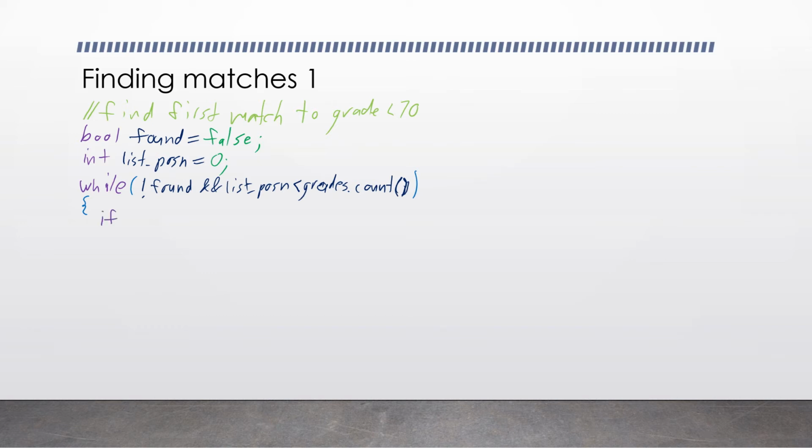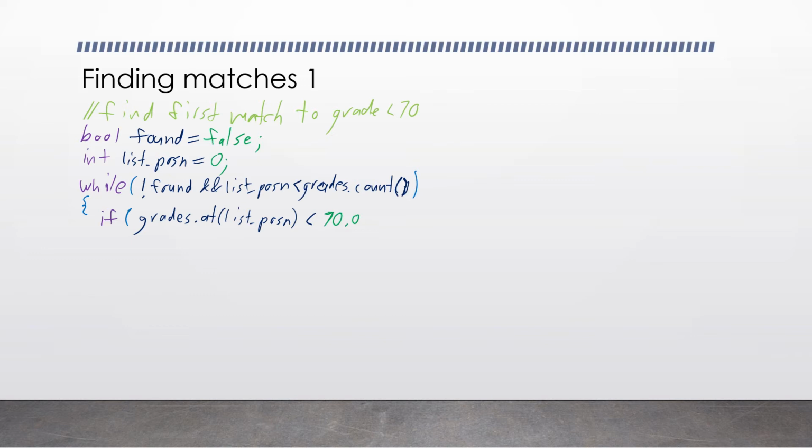If grades dot at, I'm going to use the C++ syntax here, list position equals 0. Okay, well, we decided we wanted grades less than 70, so let's do that. Less than 70.0.